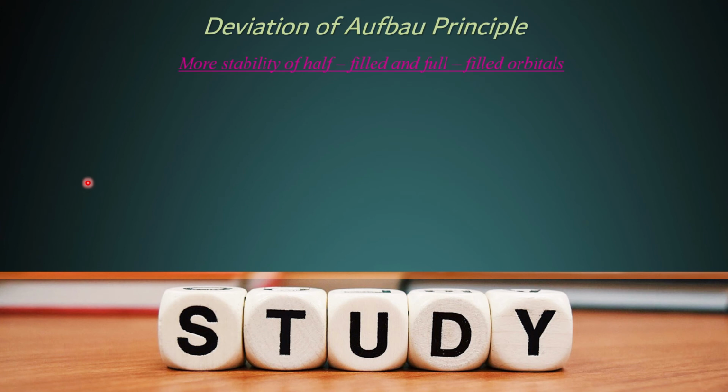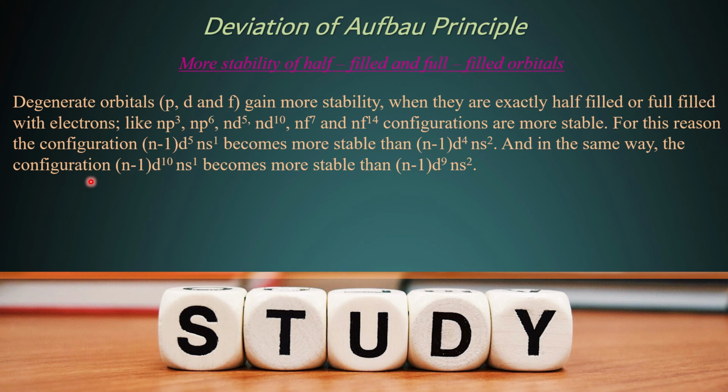Now, at first we will explain the more stability of half-filled and full-filled orbitals. Degenerate orbitals, p, d, f, gain more stability when they are exactly half-filled or full-filled.